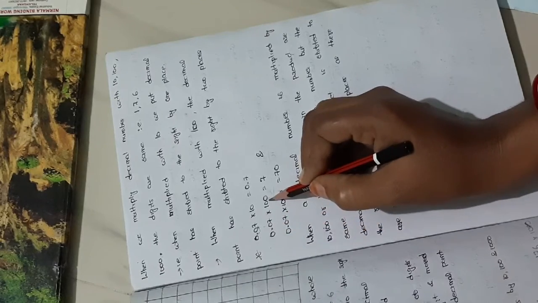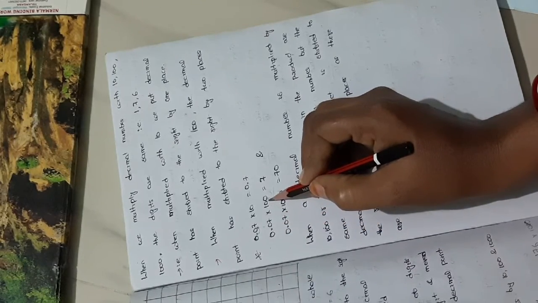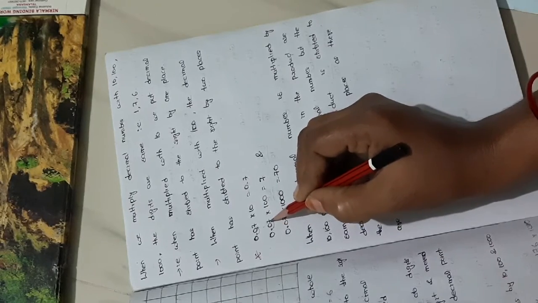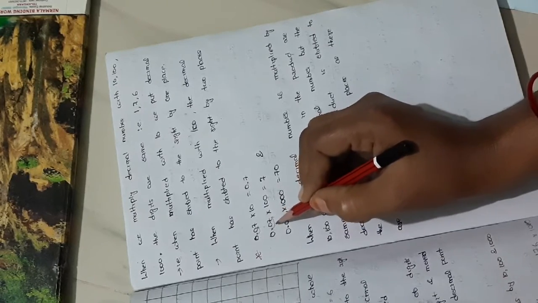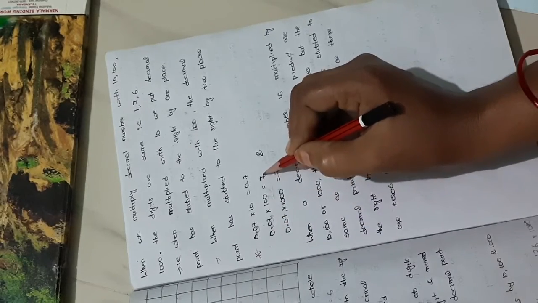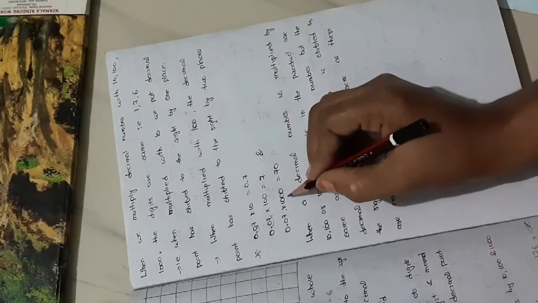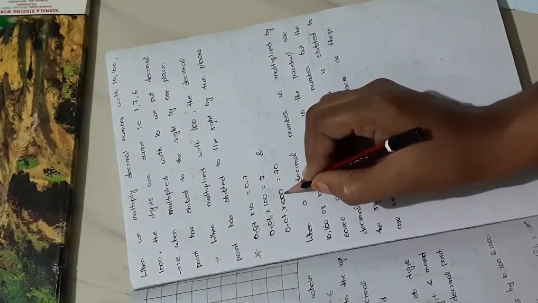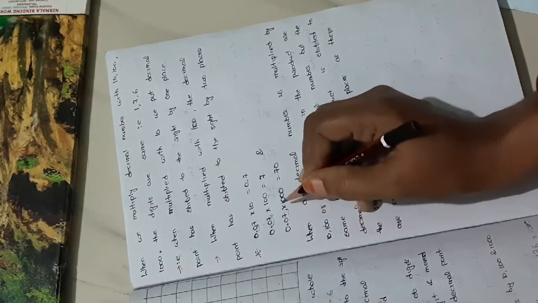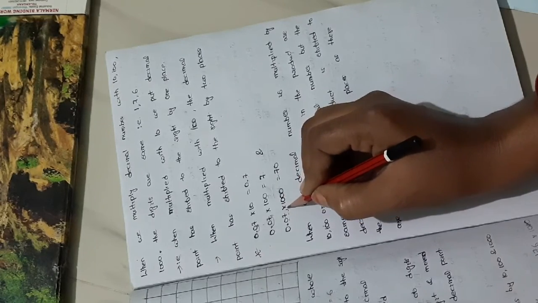When the same number is multiplied with 100, what are we going to do? We have to shift this decimal point 2 digits to the right. That is 007.0. That is, the answer is 7. When we are going to multiply it with 1000, what are we going to do? We have to shift this decimal point 3 positions to the right side.